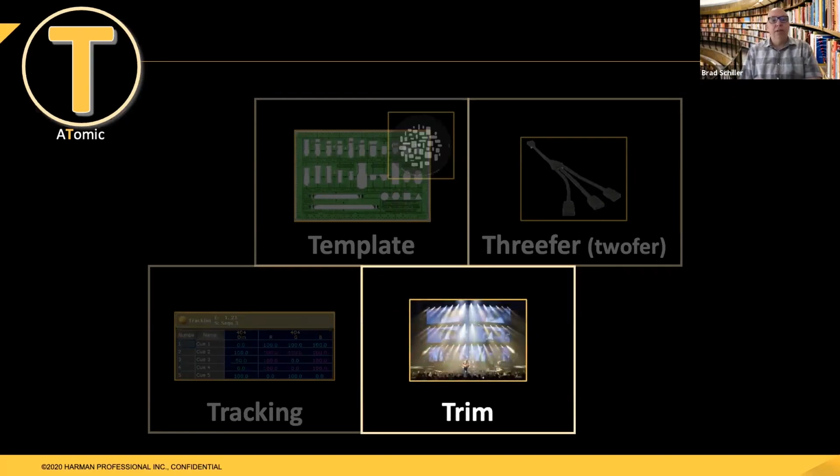Trim is something that we talk about all the time, the trim height. This is the height of a hanging position or of battens or set pieces as well. And it's usually measured from the ground or from the stage, depending on what type of production you're doing. It's very important to be able to recall the trim height, because if you put your fixtures at a certain trim height, let's say 20 feet off the ground, and then there's a problem and they lower the truss in, they need to know where to put the truss back.